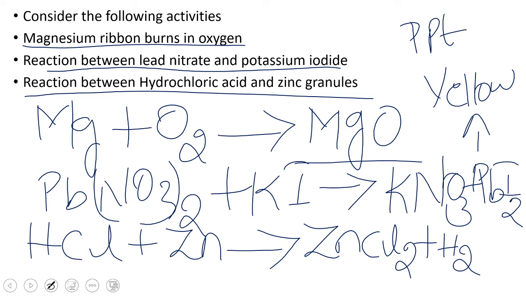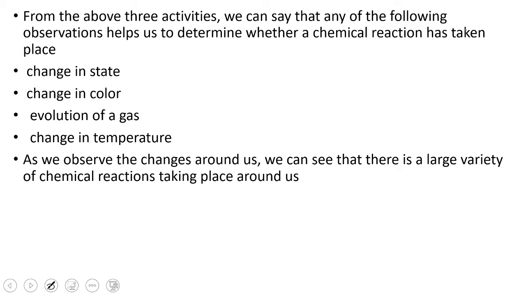So lead nitrate reacts with potassium iodide, gives rise to potassium nitrate and lead iodide, where initially the mixture of lead nitrate and potassium iodide is colorless, but after the reaction the test tube turns yellow in color. And hydrochloric acid reacts with zinc to give rise to zinc chloride, and hydrogen gas is liberated. So in these three reactions, what we observed is there is a change in state.